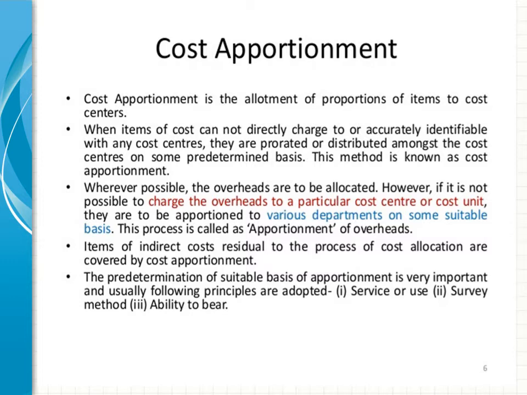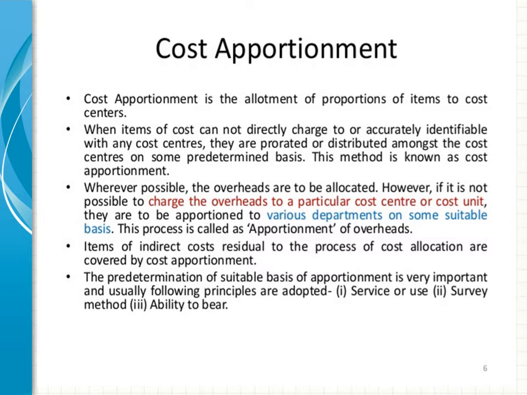For example, where only one electric meter is installed in a factory, the common electricity charges should be apportioned to all the departments on the basis of the number of light points or floor area occupied. Or if the factory rent is incurred for the factory as a whole and all the departments get the benefit, it should be apportioned to all the departments on the basis of floor area occupied.